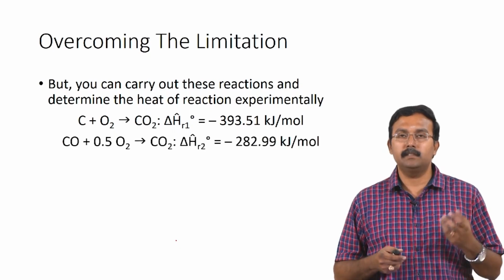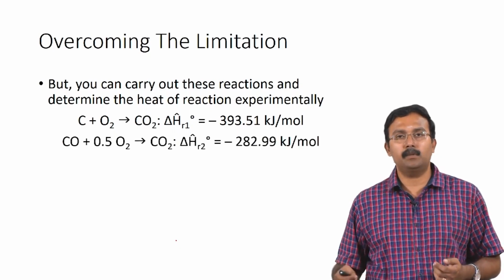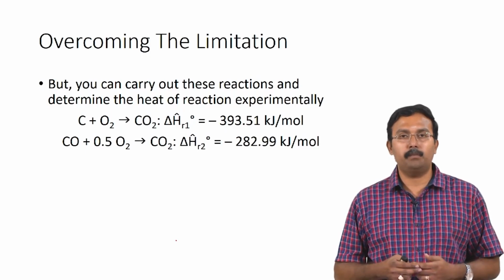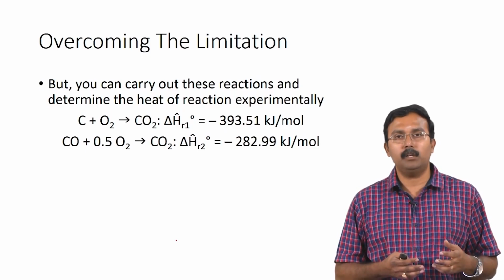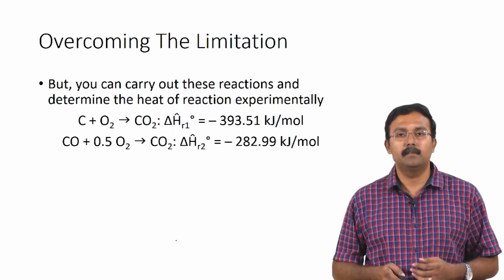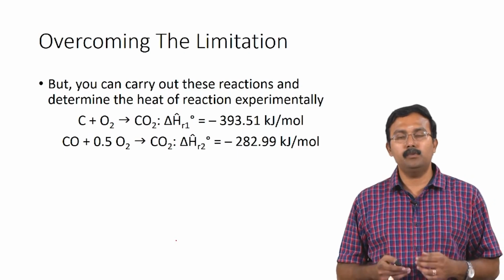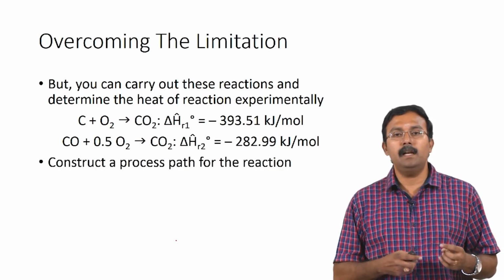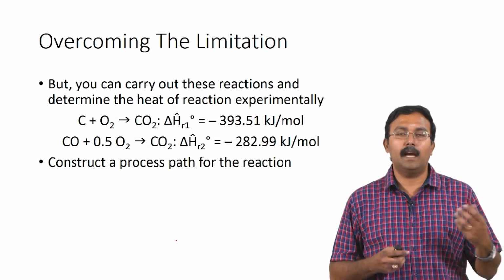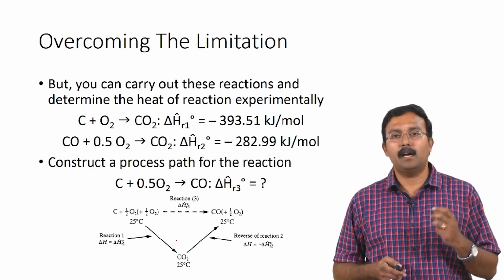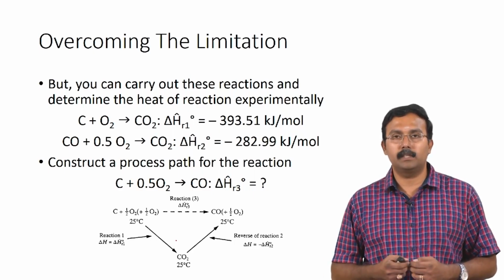The other reaction is where you take carbon monoxide and let it react with oxygen to form carbon dioxide. Again, this reaction is also quite possible, because once we have carbon monoxide, we can easily let it react with oxygen to form carbon dioxide, and the heat of reaction for these two reactions can be measured. So, once we have this, we can build a process path for the reaction of interest. Our reaction of interest is carbon plus half oxygen gives carbon monoxide.